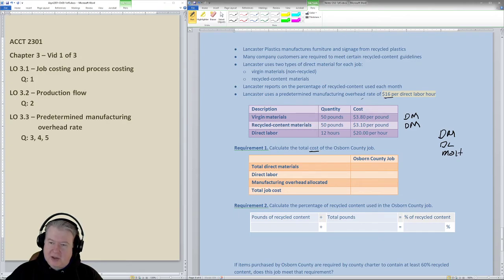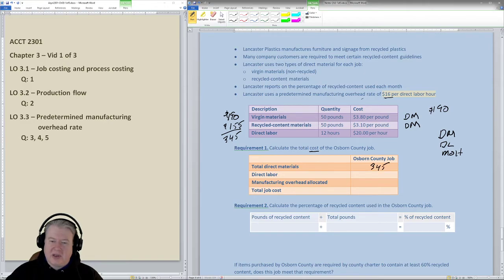That's going to come out to $190 for this one. The recycled content comes out at 310 times 50, and I think I did this beforehand, 155. So these two together add up to 345. So you have two different materials. You figure them out. They each have their rate.